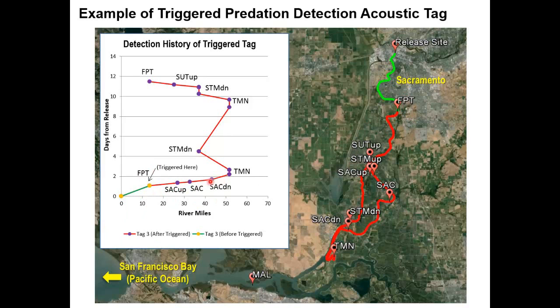At this point, if it weren't for the predation tag, we would think this is a completely normal path for a free-swimming smolt. However, when it makes it down to this point in the river, it turns around and goes back up the river. This is not the behavior of a free-swimming smolt, and it continues on up the river and eventually makes it all the way back up to the release site.